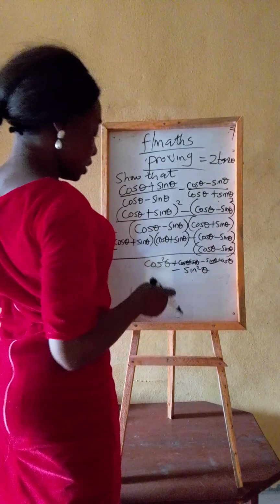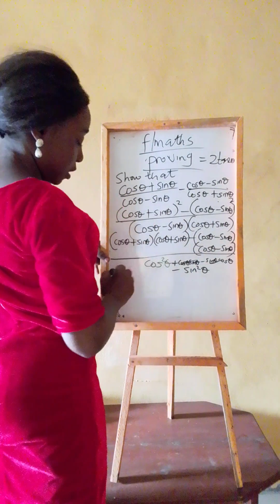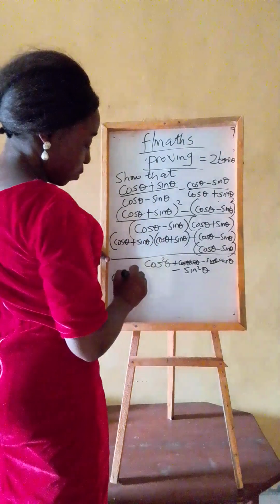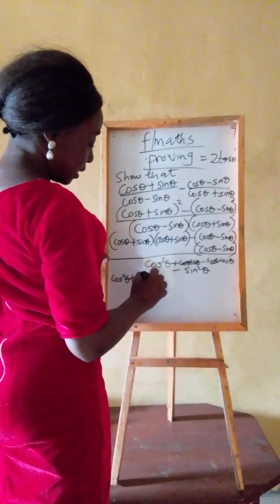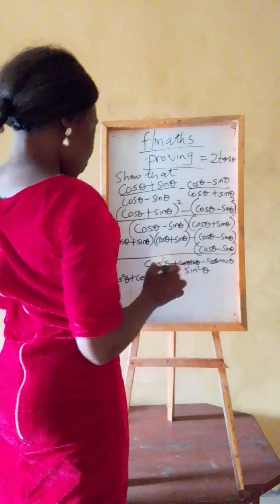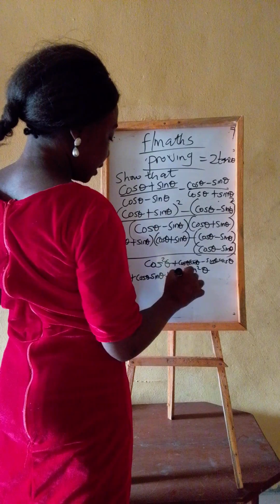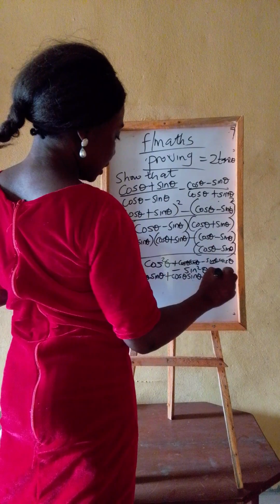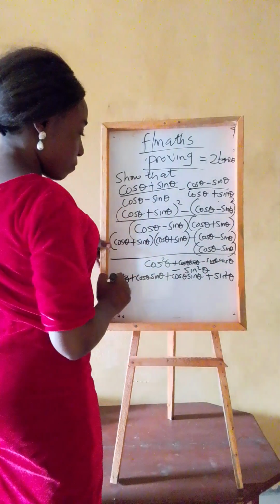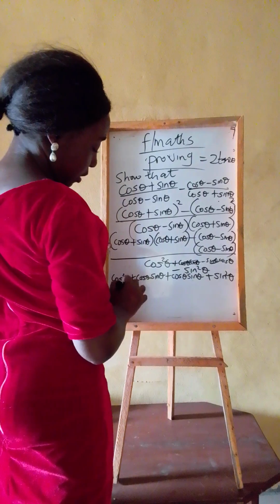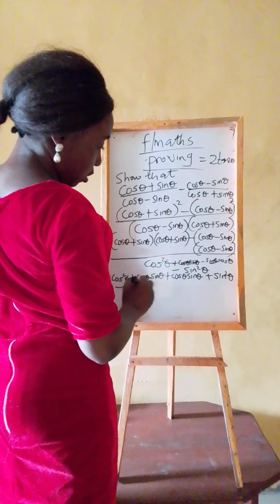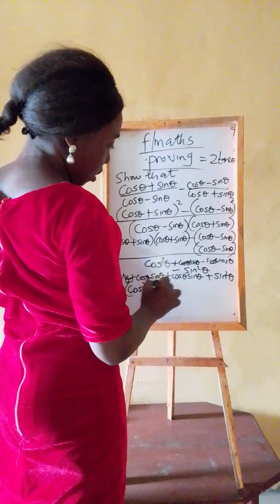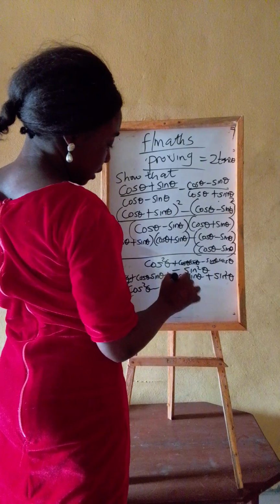So this 2 is out. So you multiply. This times this is going to be cos square theta. This times this will be plus cos theta sin theta, plus cos theta sin theta. This times this, plus sin square theta, minus this times this, we have cos square theta. This times this, minus cos theta sin theta.